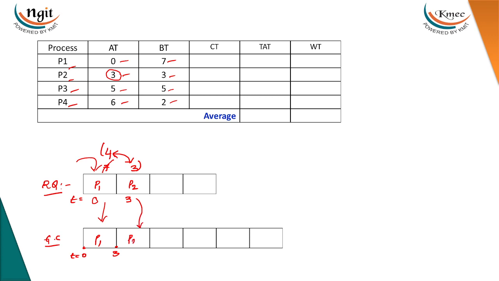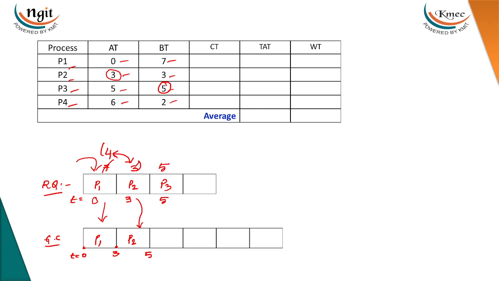Now P2 starts executing. Up to what time will P2 continue to execute? Up to time t equal to 5. But at time t equal to 5, a new process P3 came with a burst time of 5.